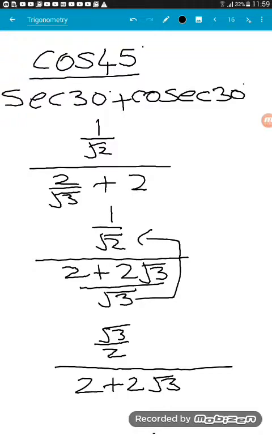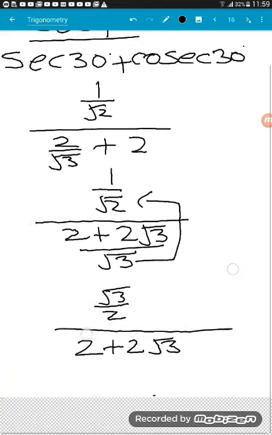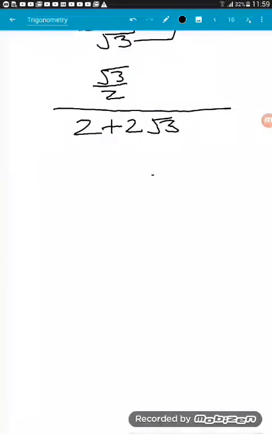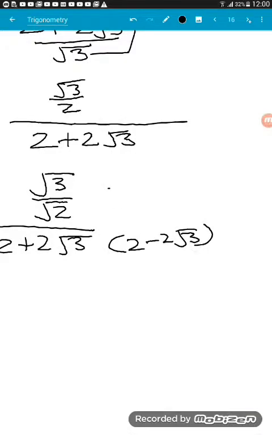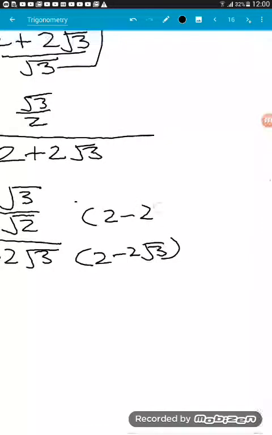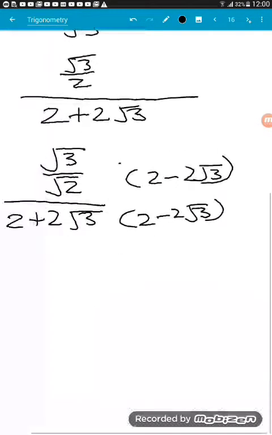So if this comes up, it will be root 3 by root 2 and by 2 plus 2 root 3. And if you rationalize, as you have studied in class 9, it will be 2 minus 2 root 3 and 2 minus 2 root 3.